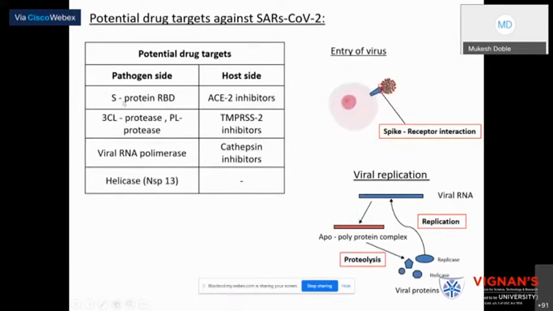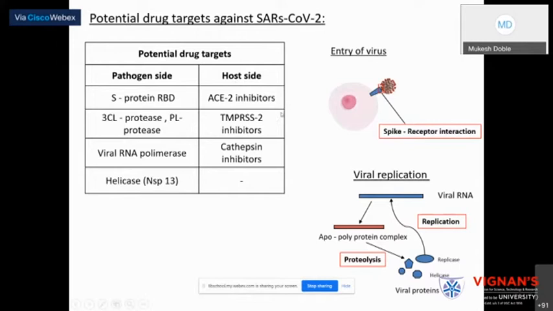So we can look at the S protein receptor binding domain, because the S protein, which is a part of the virus, the S1, goes and binds to the ACE2. So these could be targets for designing drugs. Then we have the 3CL protease, PL protease, which are involved in the replication of the virus, the RNA.